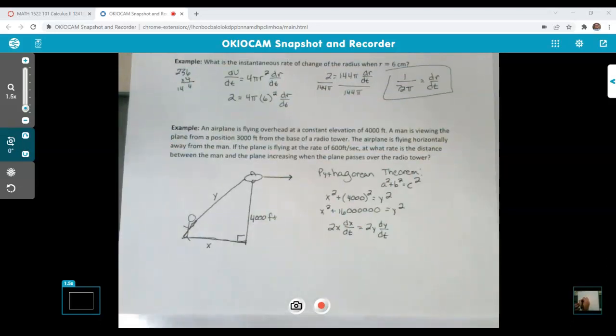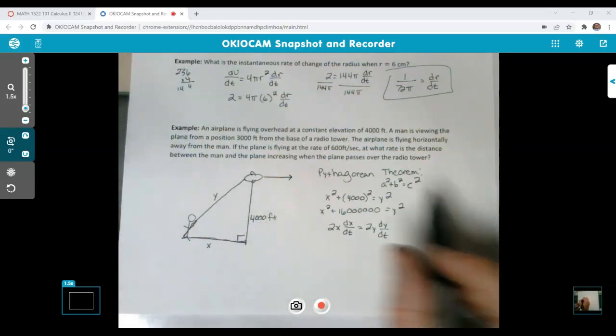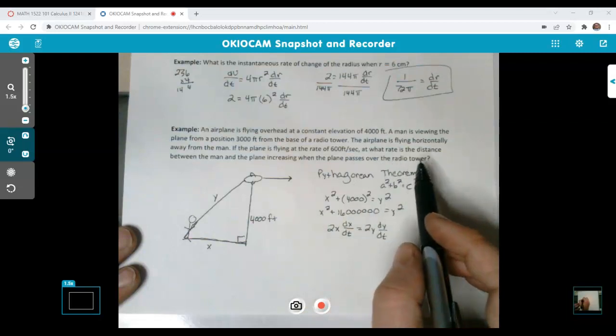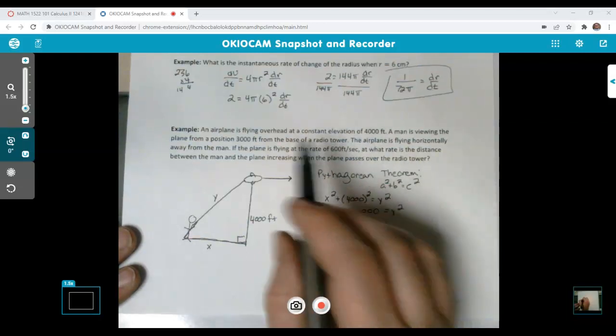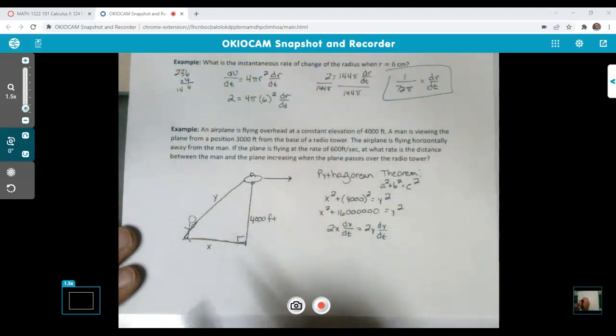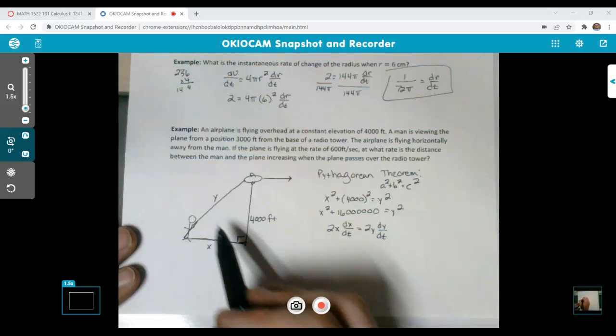So now plug in what I know, okay? At this particular point, we are trying to say that the plane is flying over the tower. Well, it said a while ago that the man is 3,000 feet away from the tower. Therefore, there's 3,000 feet right here at that specific time.